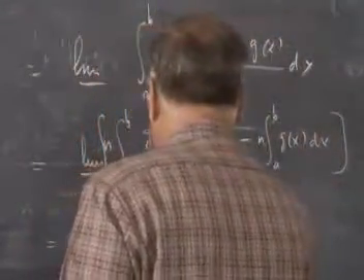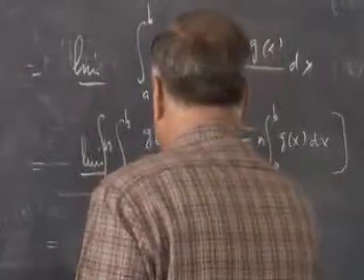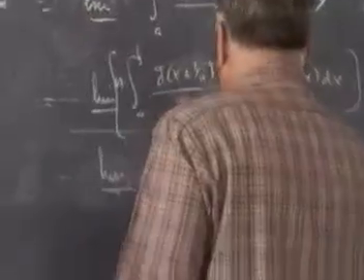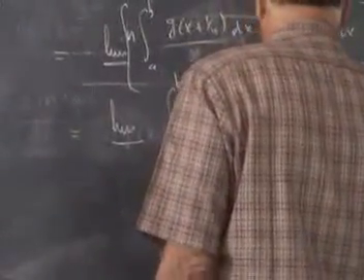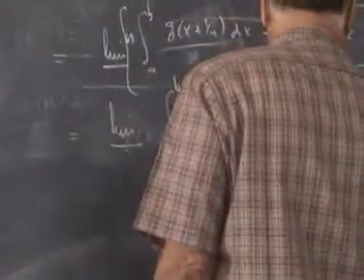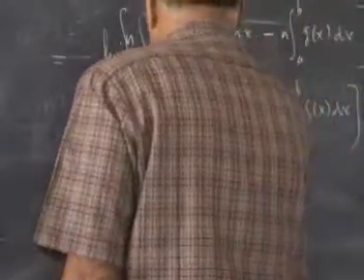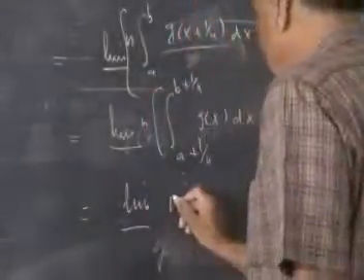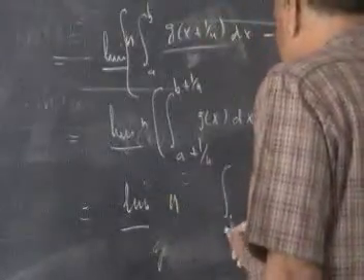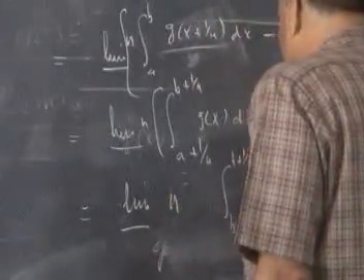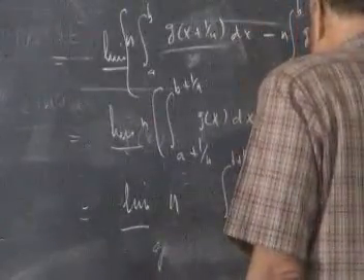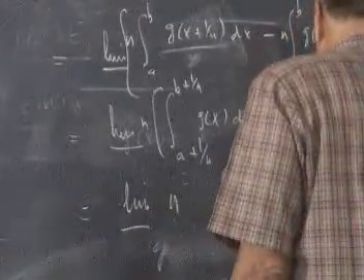So that is the integral from A plus 1 over n to B plus 1 over n of G dx minus the integral from A to B of G dx, times n, is equal to lim inf. I can rewrite this as n times the integral from B to B plus 1 over n of G dx minus n times the integral from A to A plus 1 over n.